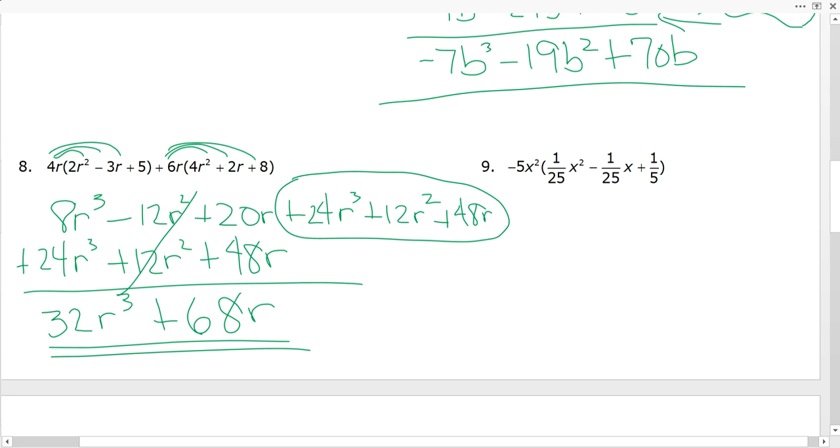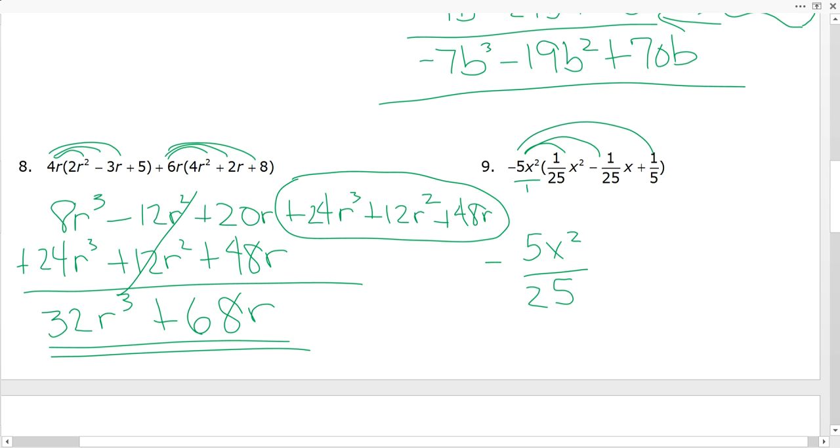Okay. This one, number 9, I'm going to leave them as fractions initially, because remember when I'm multiplying a whole number times a fraction, it's basically like this is over 1, right? So my first number is going to be negative 5x squared over 25. I should put my 5x squared where that 1 was.